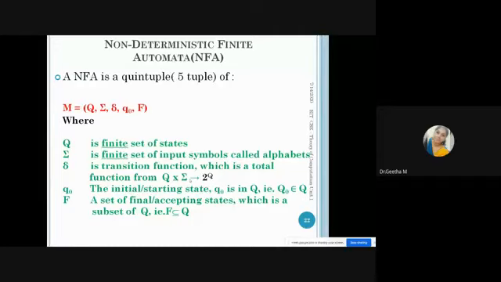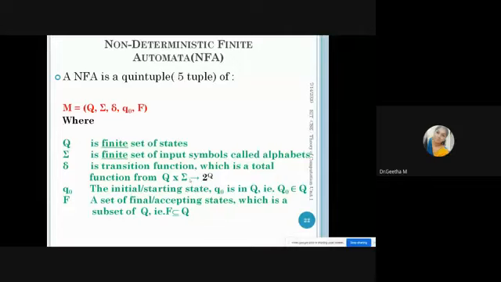Possibilities are available here. We can move from Q0 to Q1, Q0 to Q2, whatever the symbols, we can move from one state to another state. So these are all the transitions possible here. That is why the number of possible transitions is 2 to the power Q. In DFA, it is simply Q. That is why, see the delta function I have given in bold, 2 to the power Q. In DFA it is simply capital Q, but in NFA it is 2 to the power Q. That is the difference between DFA and NFA.